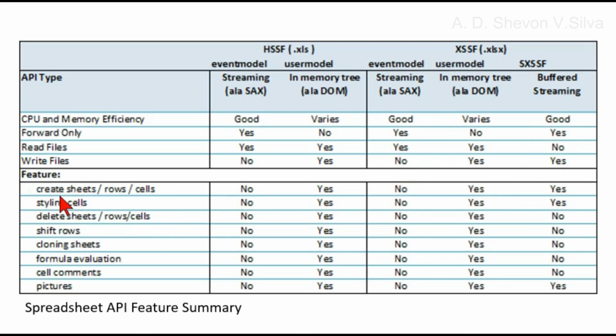Features: create sheets, rows or cells. In the event model in HSSF it is no, and in the user model yes, and in the event model in XSSF it is no, and the user model yes, and in SXSSF it is yes.